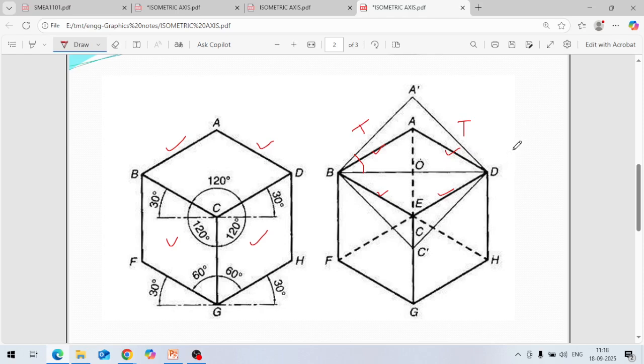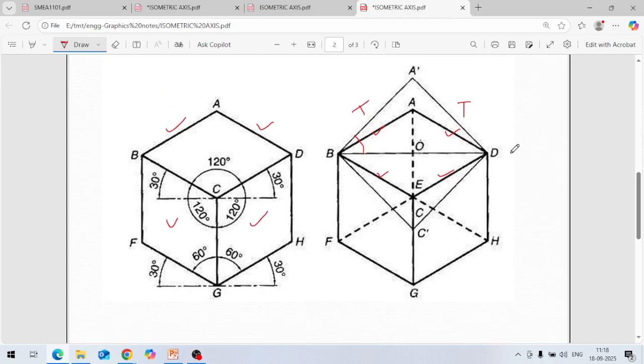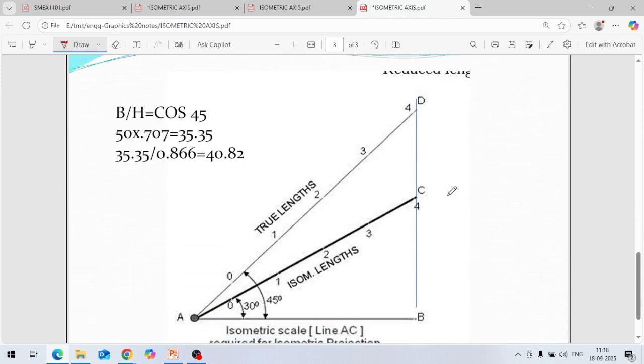Okay. If you come to the next figure, just see. This is our true length, the true line at 45 degrees, like this. And this is the isometric line, at a 30 degree angle here. Suppose the length of the isometric line is reduced, how much is it reduced?